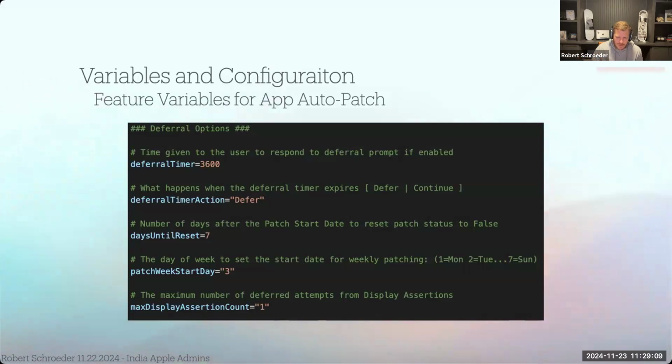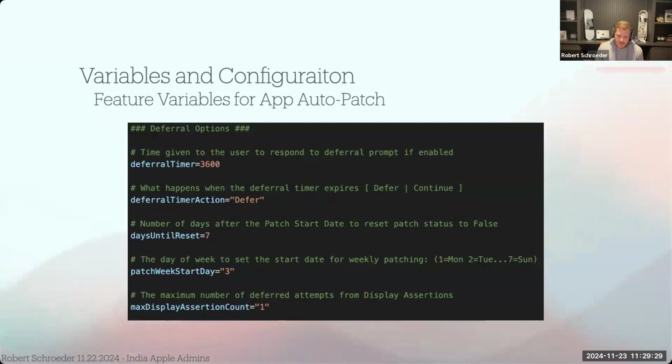So one more time, going back to these days until reset and the patch week start day. The days until reset indicates the number of days after the patch start date to reset the patch status to false.